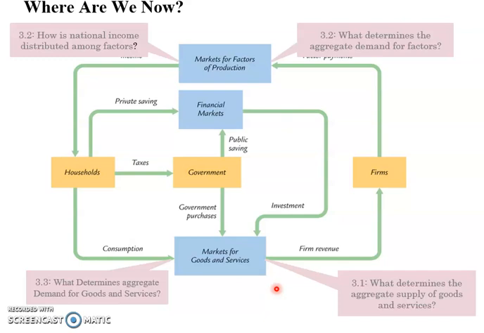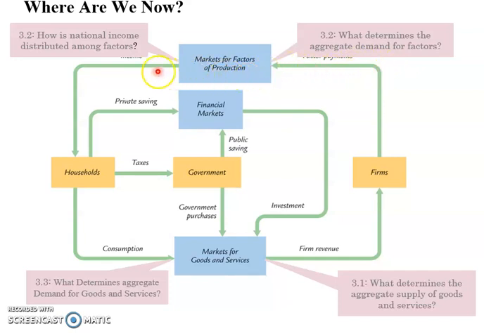Using those oversimplified assumptions, we figure out the total amount of goods and services the firms are supposed to produce, and then the firms will go to the market for factors of production and decide how many units of each factor they want to use. So that's going to be an aggregate demand for factors of production.